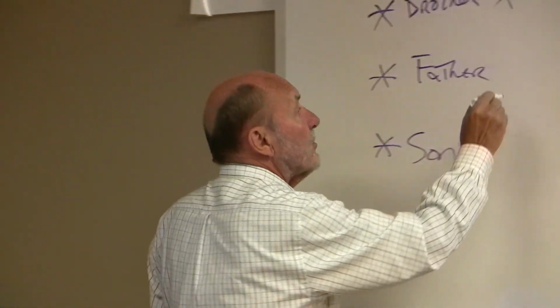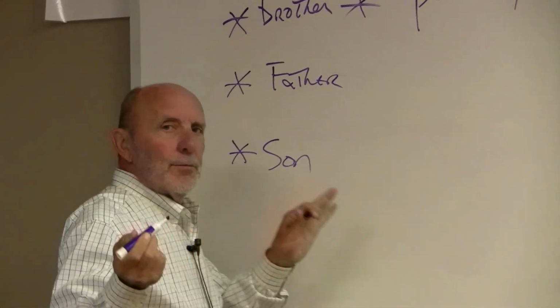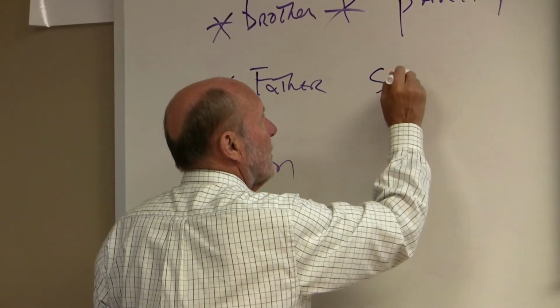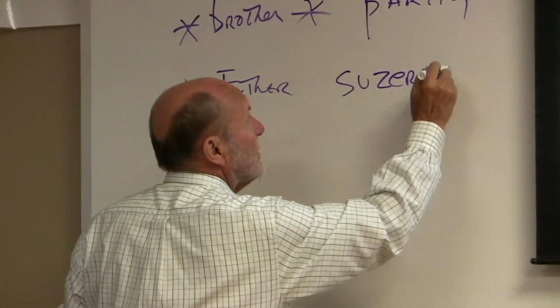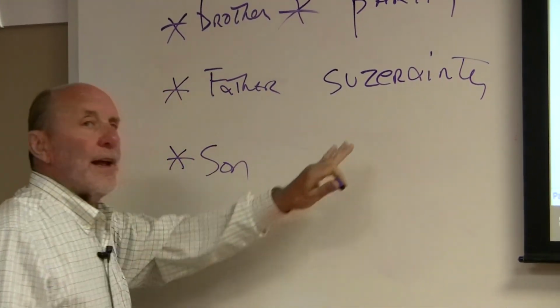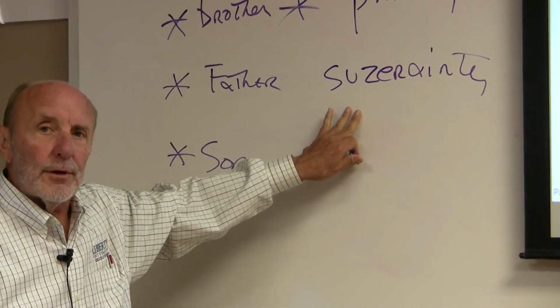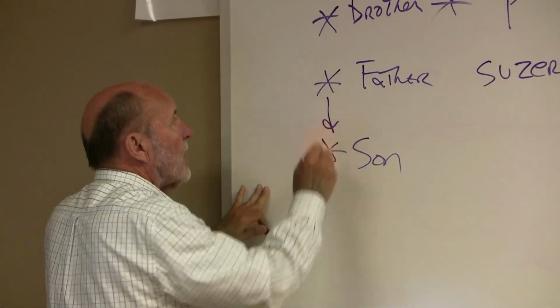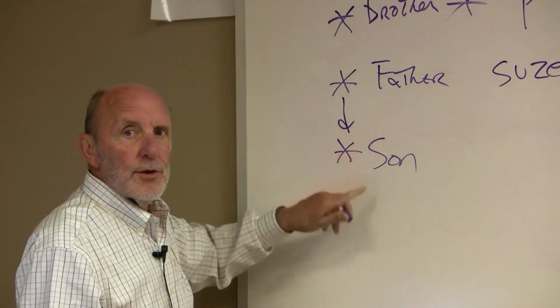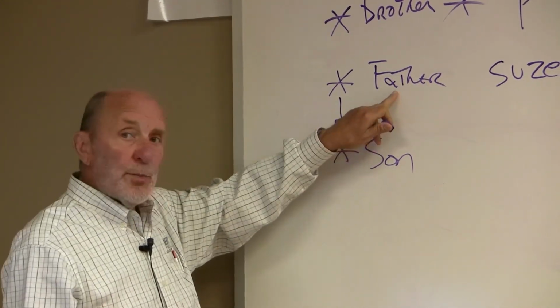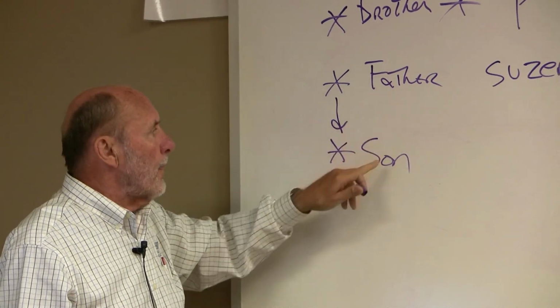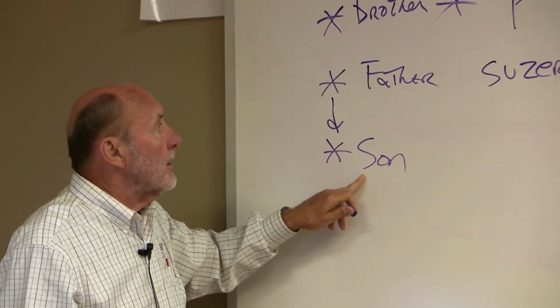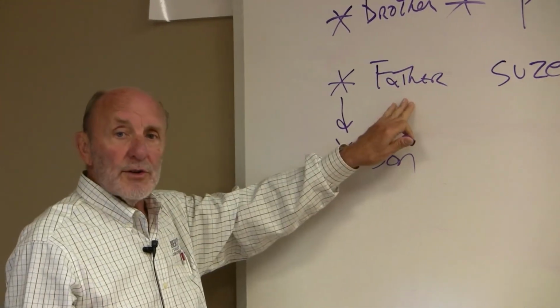I wouldn't want you to feel like you have to use this terminology, but this is what we call a suzerainty treaty. This is a fancy way of saying sovereign. So in this kind of covenant, this person was superior to this person. So this person, therefore, would be called the father, and this person would be called the son, because this person was the suzerain.